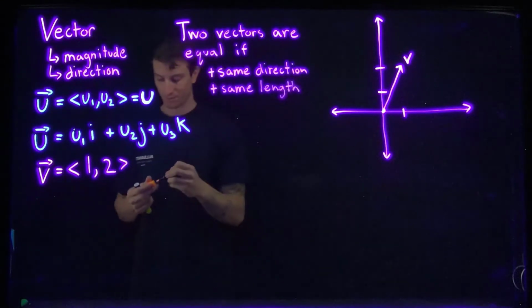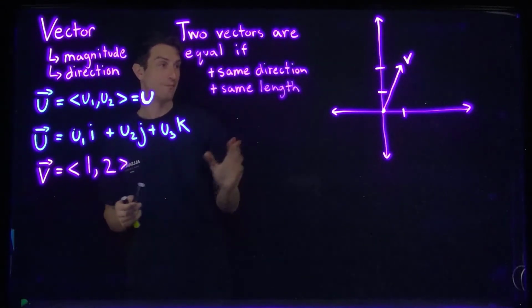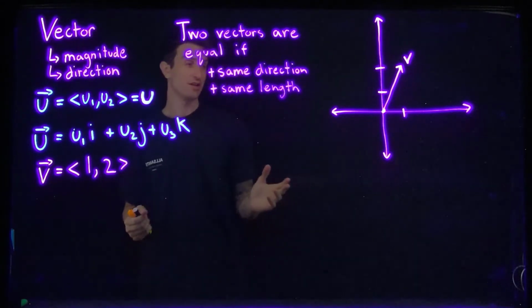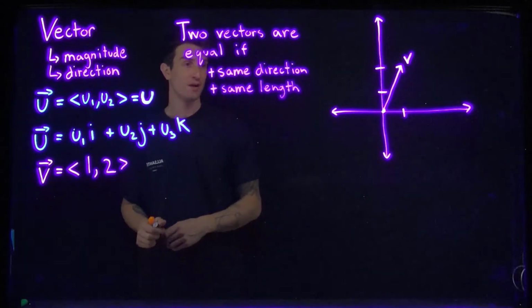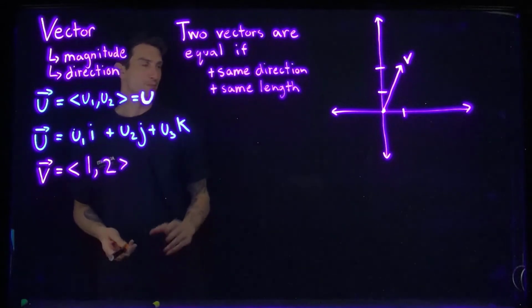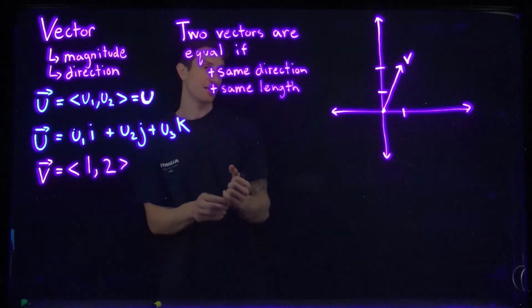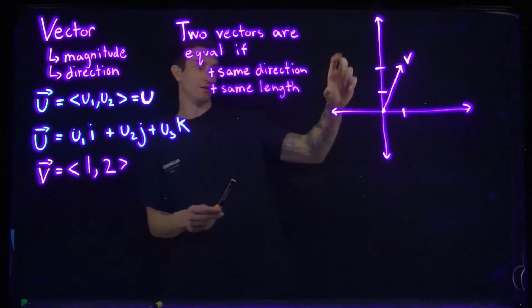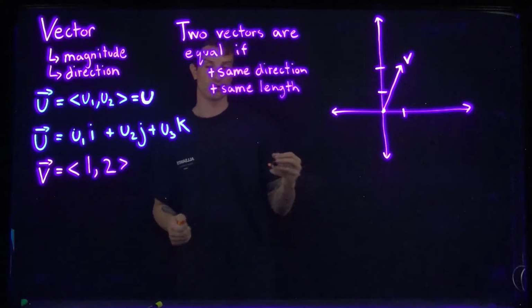And what's not being mentioned here is the starting or ending points. All I care about is the same direction, same length. Meaning, if something has the same length and it is parallel, then we would say they are equivalent.